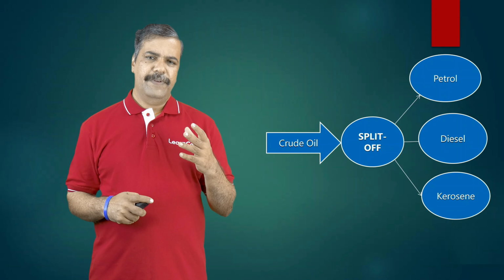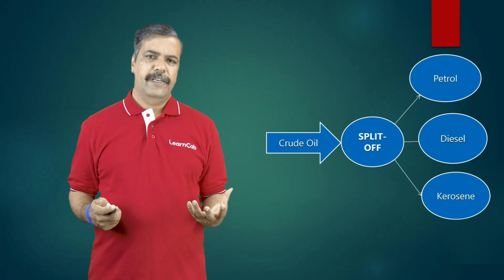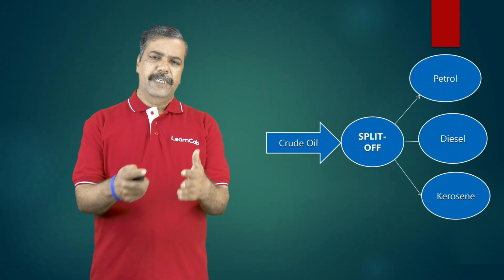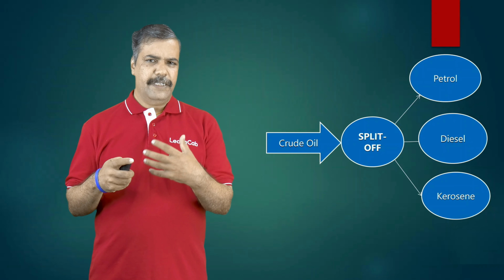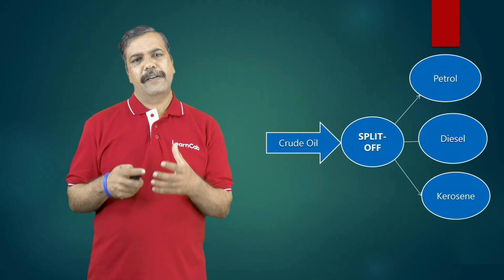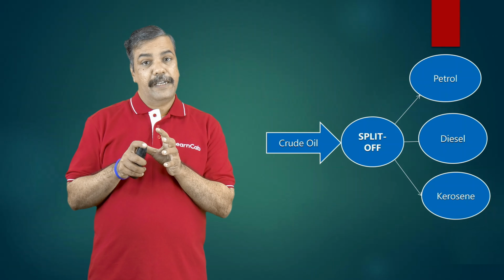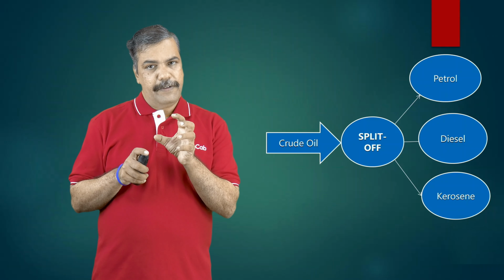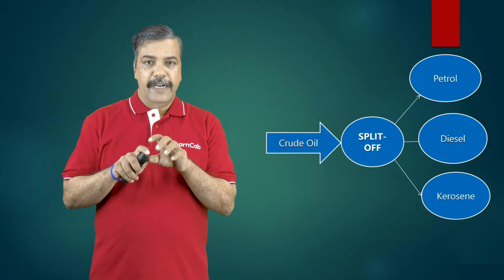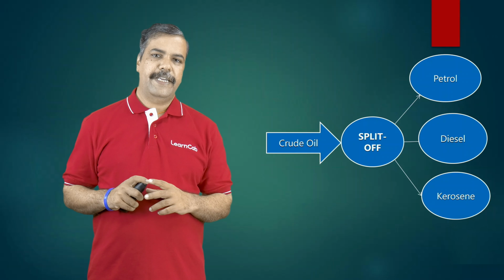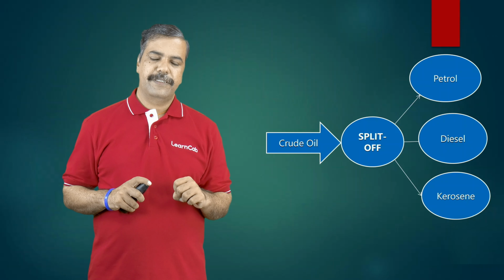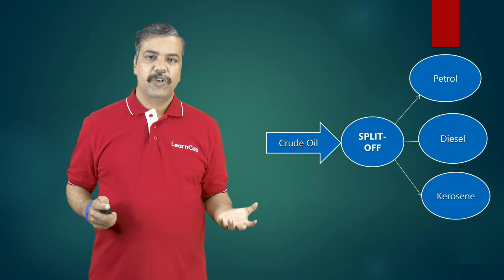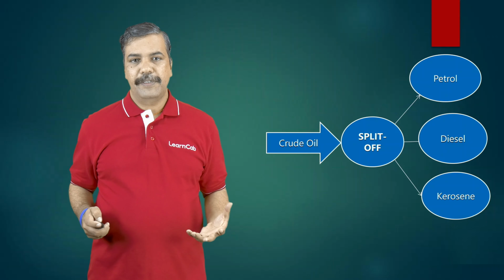When we procure crude oil and move it into a process, up to a stage we need to continue with the same process. Then after that process ends, that is called the split off. Once we reach the point of split off, different types of product emerge. Let us say petrol is the first product which emerges, followed by diesel, then gasoline, and the last one, kerosene.